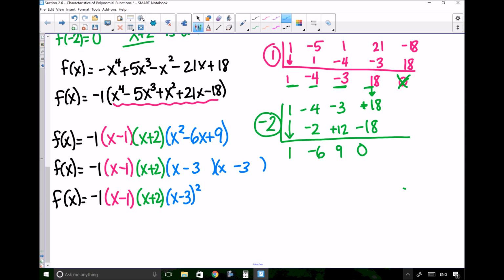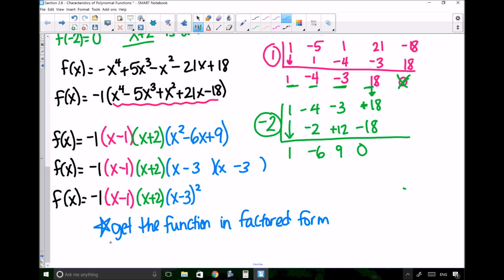Okay? So it's really key that we get the function in factored form. Make sure you write yourselves a note to do that. If you get the function in factored form, finding the characteristics is much easier. Okay? All right, so now that I've gotten the function in factored form, let's find our roots.